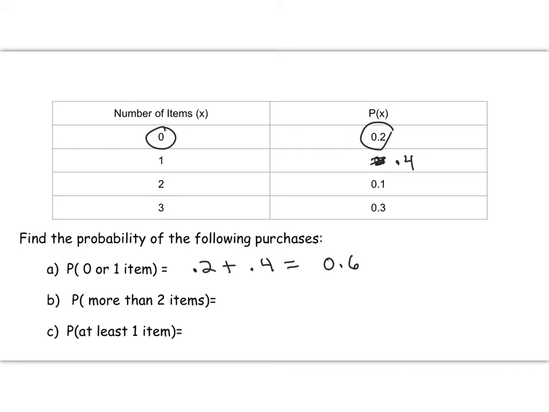So again, you've got to be careful and ask yourself, 1 is not more than 2. Is 2 more than 2? No. 2 is 2, but it's not more than 2. So we're not even going to look at 2. But 3 is more than 2. So really what we're asking for is the probability of 3. And that's just 0.3.